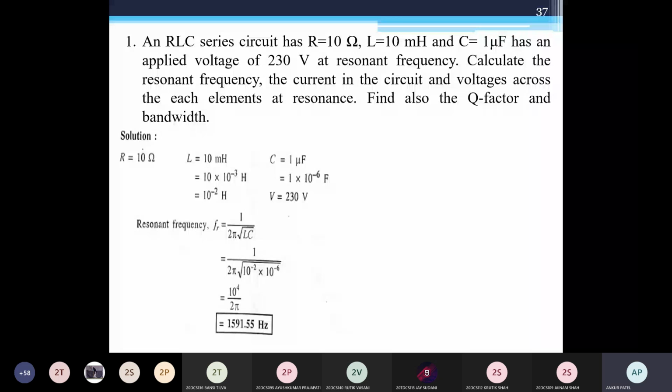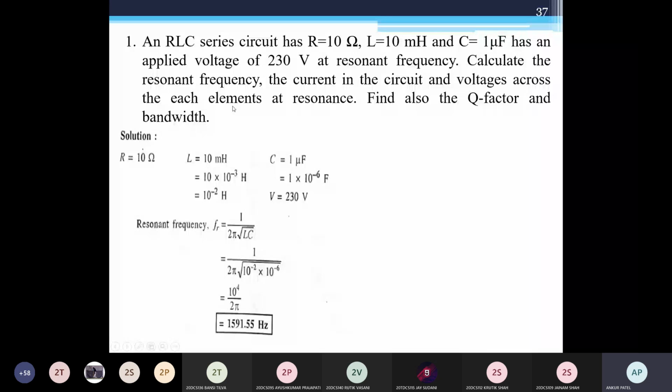So you need to write Im is equal to V by R. What are you getting? 230 by 10, 23 ampere.